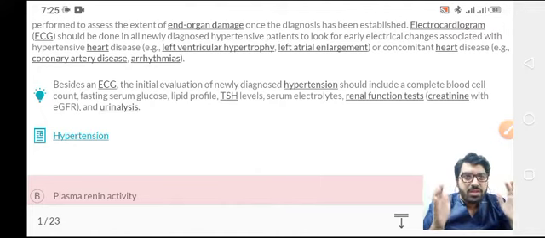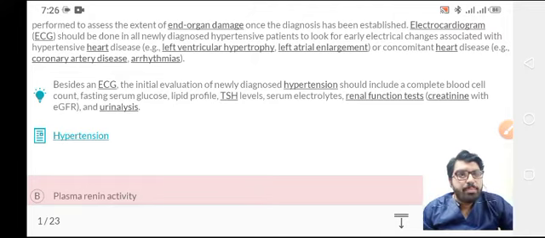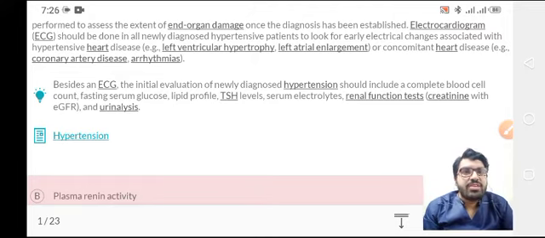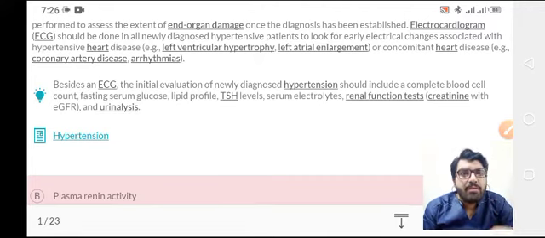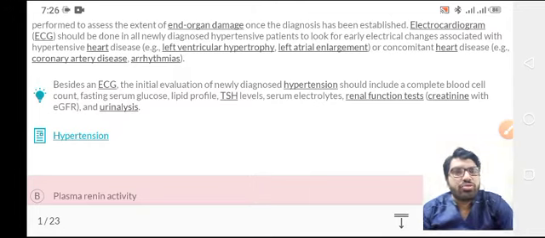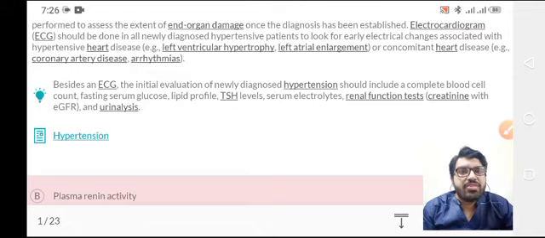So if you are in your clinic and you see a patient with known hypertension, you check his record whether these things are done or not. If they are not done, they must be done, and there should be monitoring for each and every patient regarding his chemistry and the clinical situation of the patient.